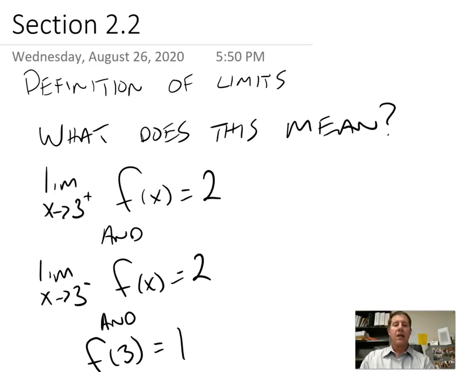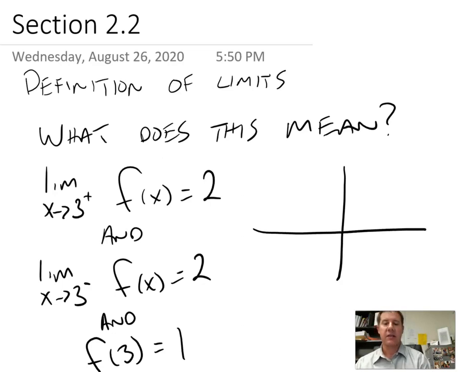So what this means is, as I'm looking at a graph of f of x, I'm going to graph f of x. The limit as x approaches 3, little plus sign, is called a one-sided limit. It means the limit as I approach 3 on the x-axis from the right-hand side, so from numbers that are bigger than 3.